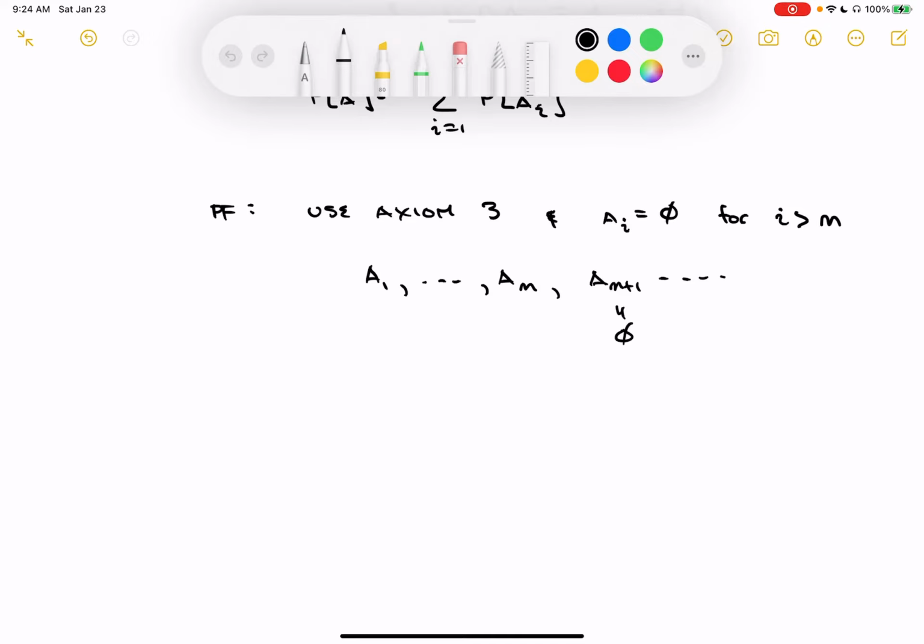If you think about something like an A1 unioned with nothing, that is equal to A1, right? And if I take A1 intersected with nothing, that's equal to nothing.